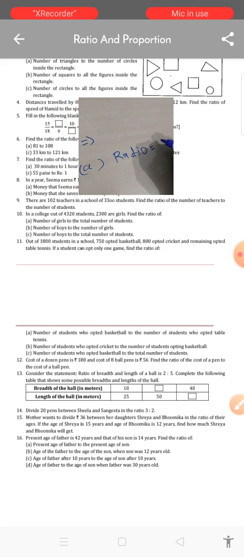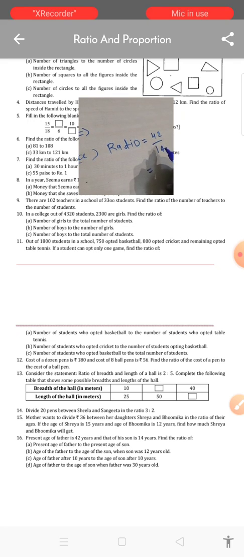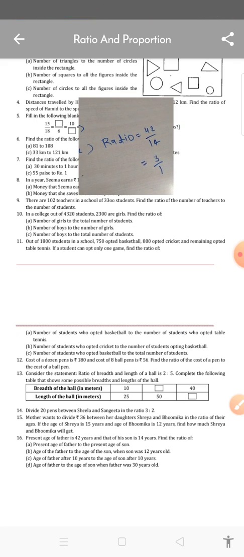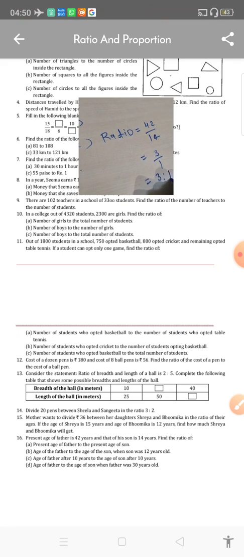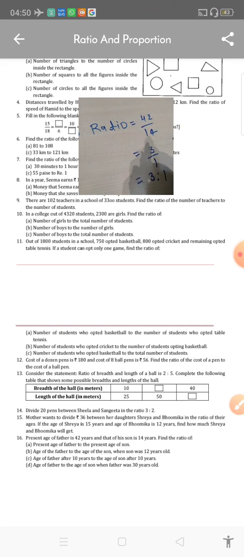The present age of father is 42 years and the present age of son is 14 years.